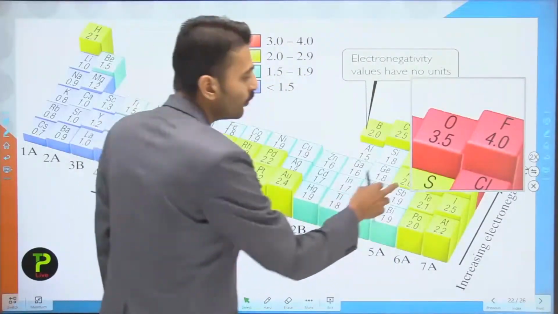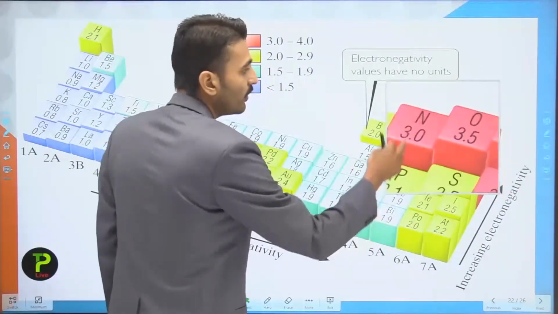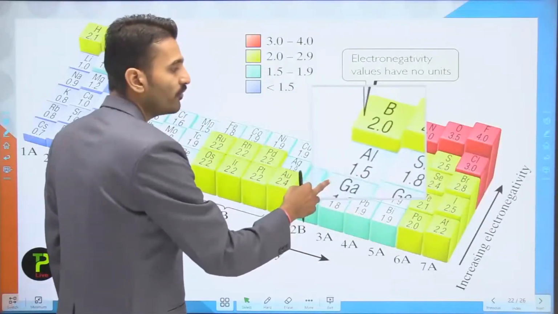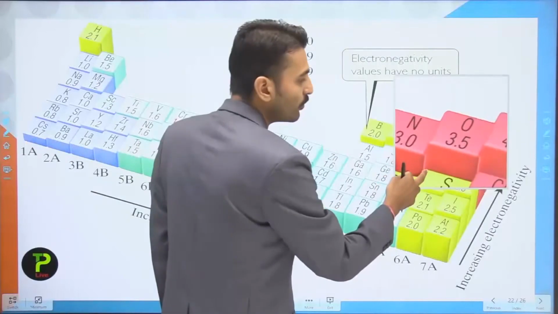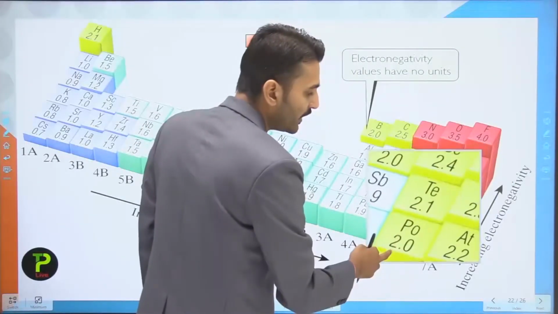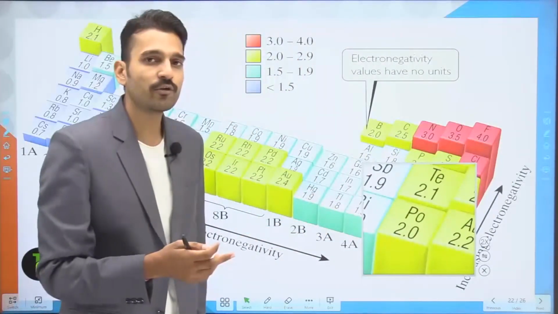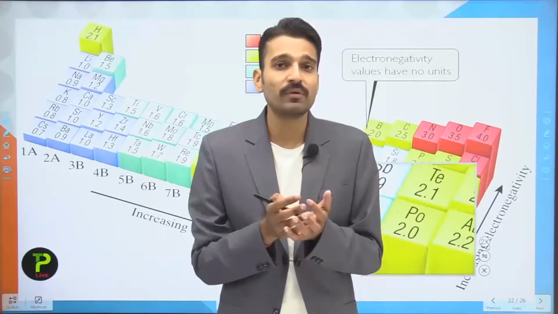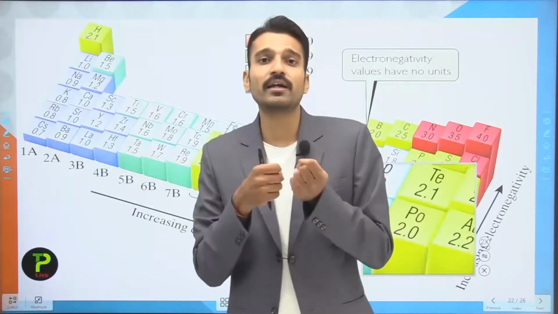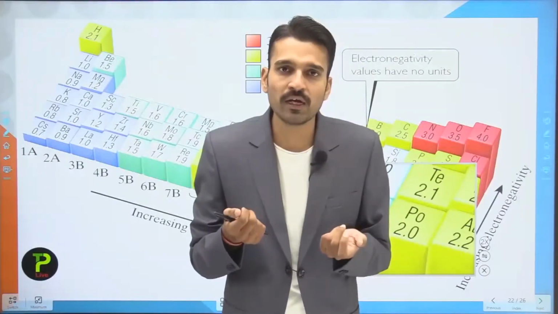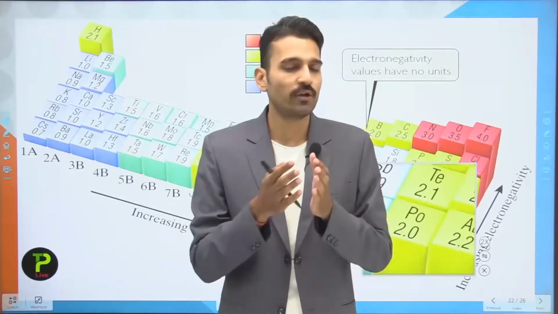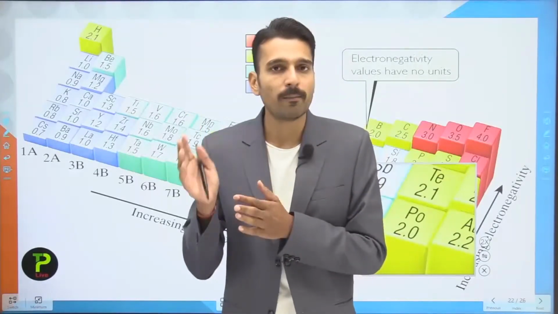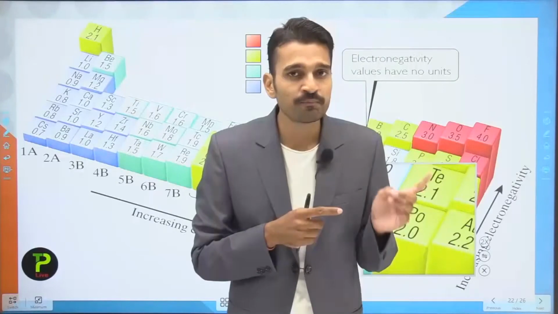While we move across from right to left in a period, we get a lower value of electronegativity, and while we move from top to bottom, we get a lower value of electronegativity. It is simply the measure of the tendency to pull electrons. And which elements will pull electrons? Non-metals will pull electrons more efficiently as compared to metals and also as compared to noble gases.